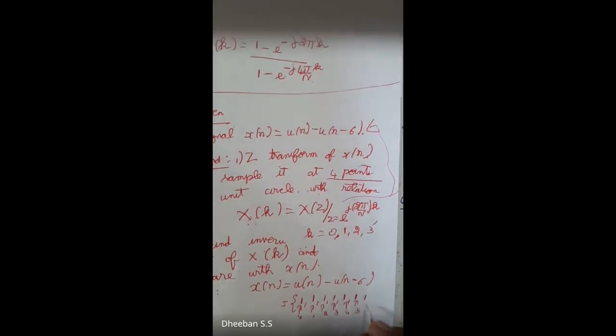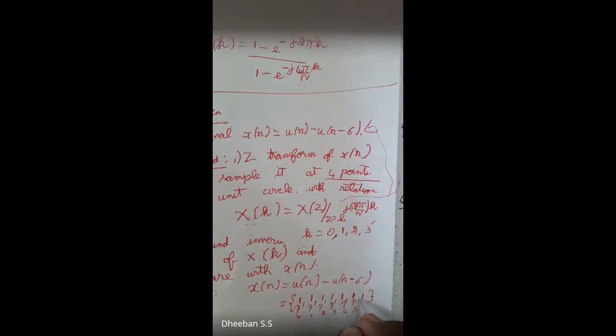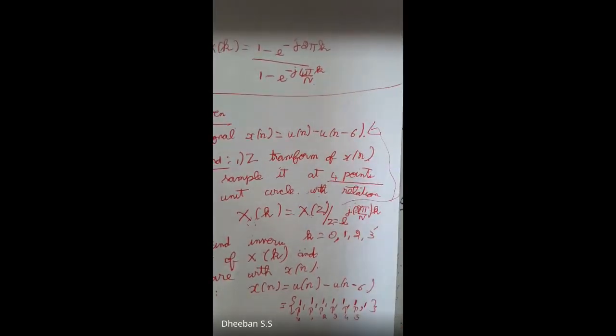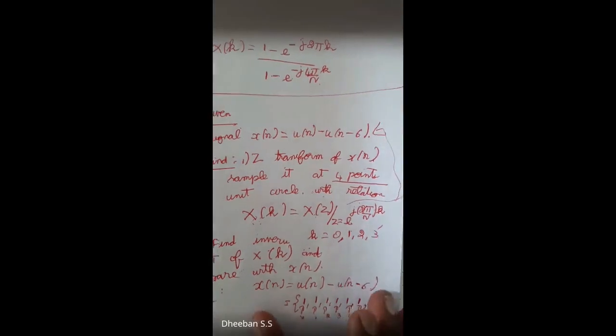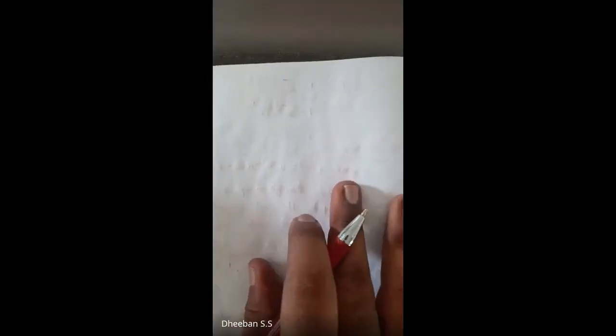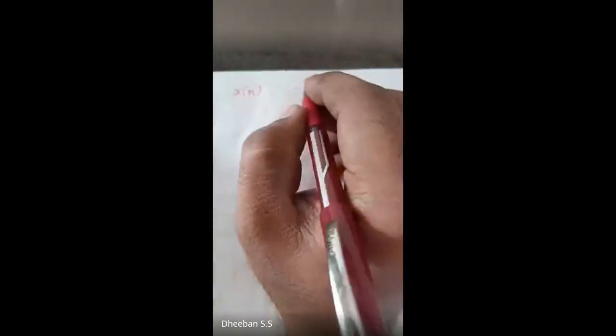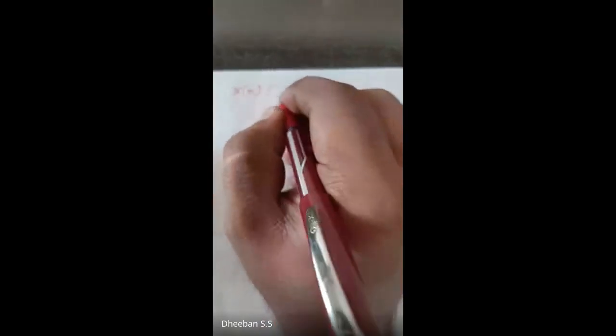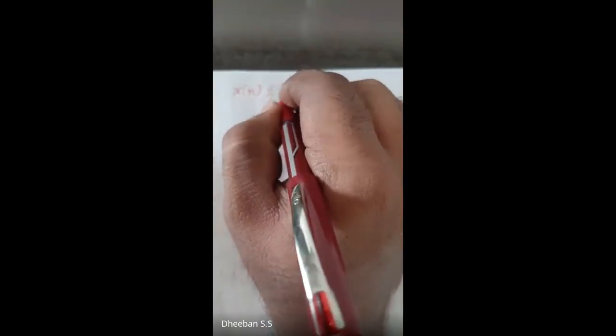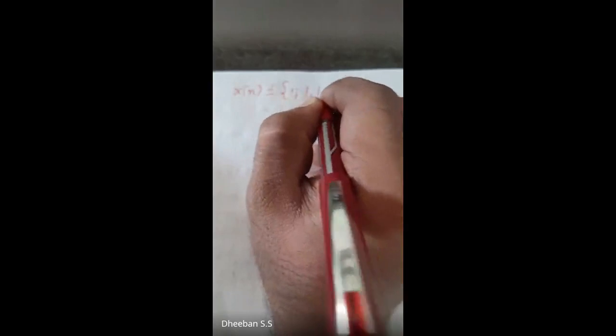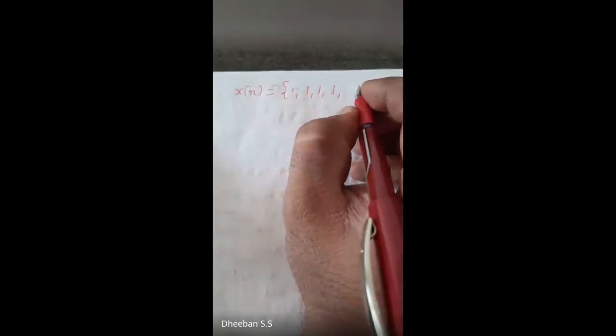So x of n is equal to 1, 1, 1, 6 times of 1.